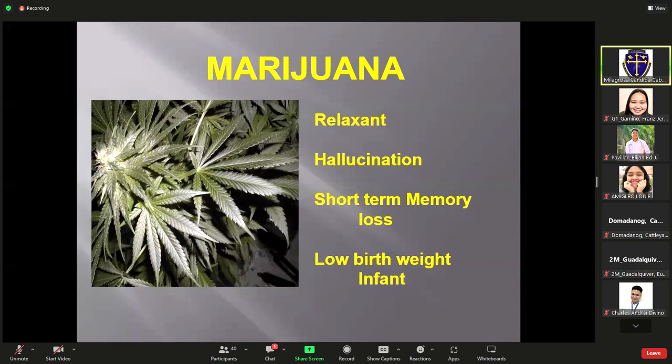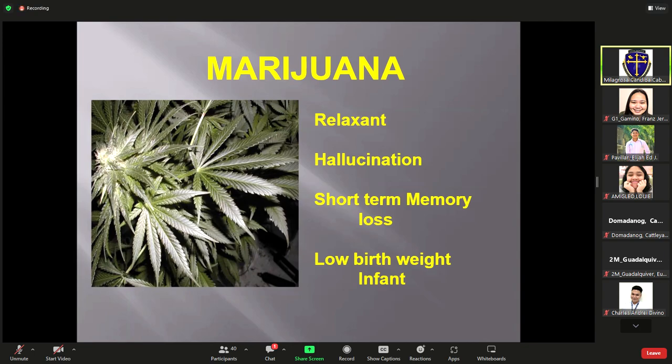Okay. So, what is the effect of marijuana? It will serve as a relaxant. And sometimes, if you overdo it, you can experience hallucination and short-term memory loss. And of course, it can also cause low birth weight on an infant. Sometimes kasi, ang iba, gumagamit sila ng marijuana is for them to eat a lot, no?